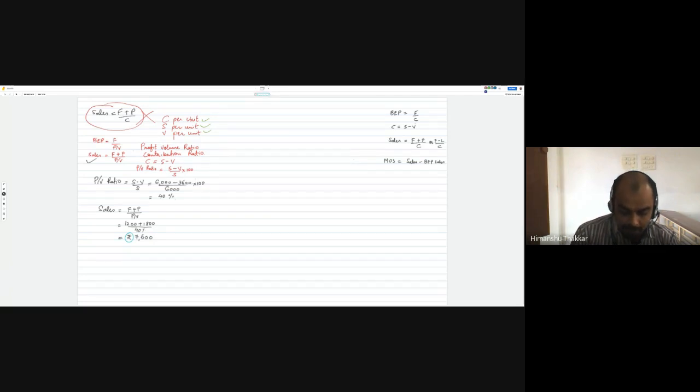So we add to our list of formulas that we have learned so far. The next formula that we derived is PV ratio, where PV is equal to S minus V upon S into 100, and by using PV we can find out BEP is equal to F upon PV.